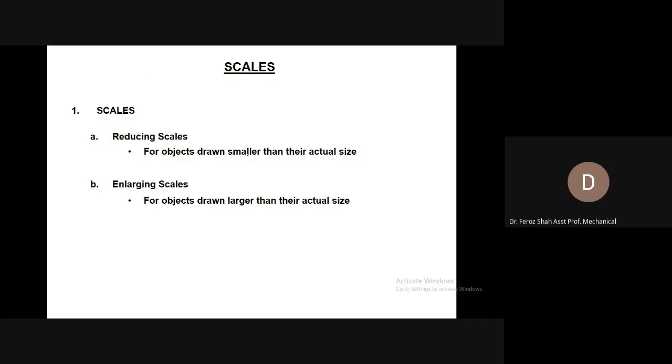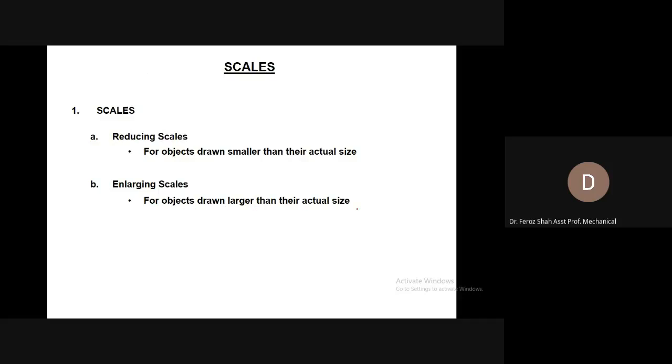So you would have to reduce the size as compared to its actual size in order to be conveniently drawn over the available drawing area. Or you can use enlarging scales for objects drawn larger than their actual size.